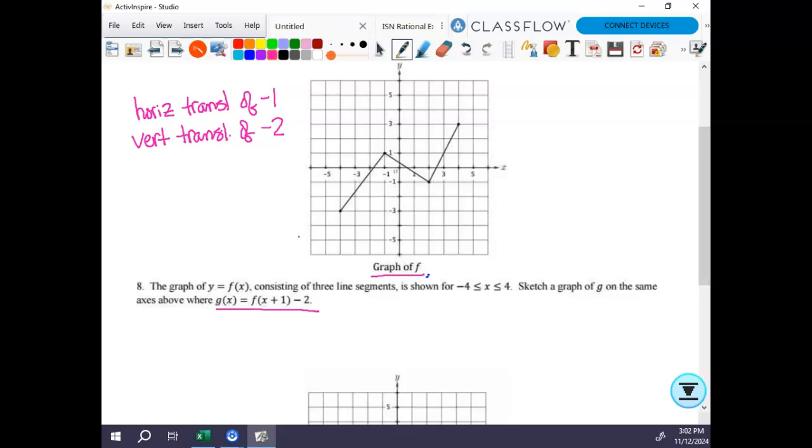Okay, so then we look at what affects x and what affects y, right? So I have this point xy, it's going to be mapped to, so my horizontal translation, this is an x, this is a y, right? So that means I end up with x minus 1 and y minus 2. Right? And then you can make a little t-chart.